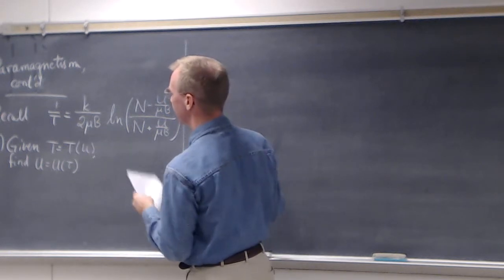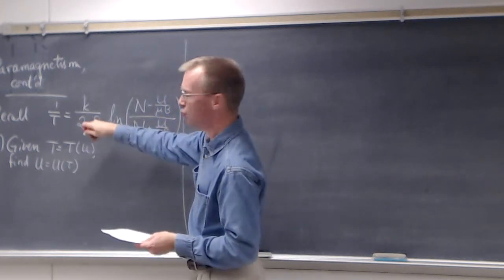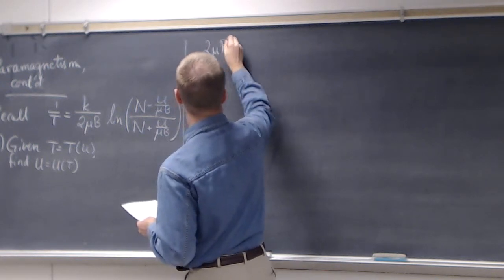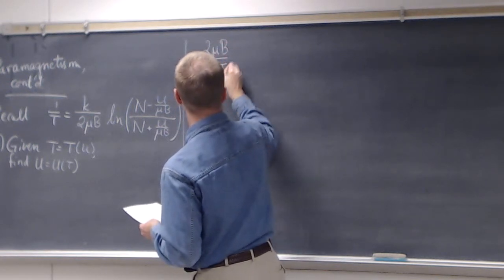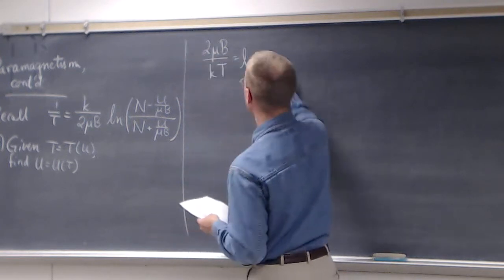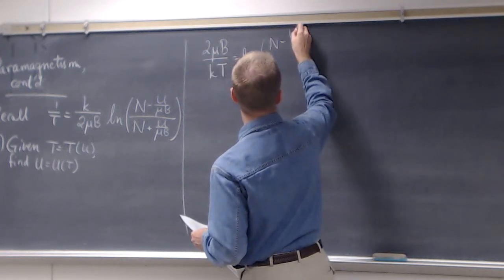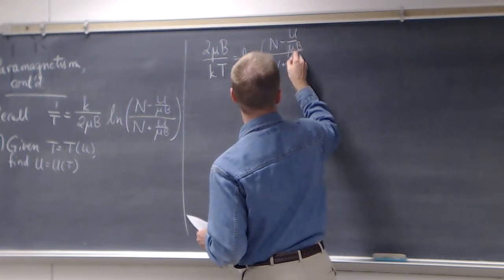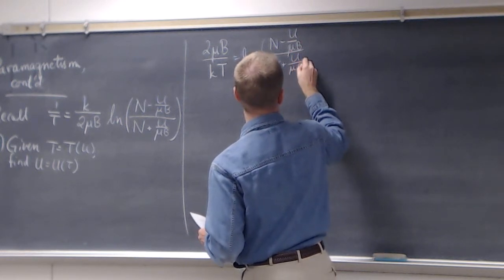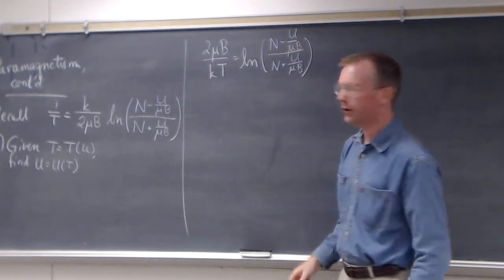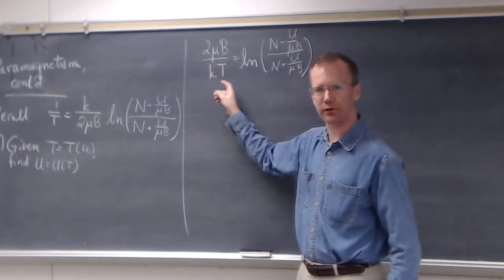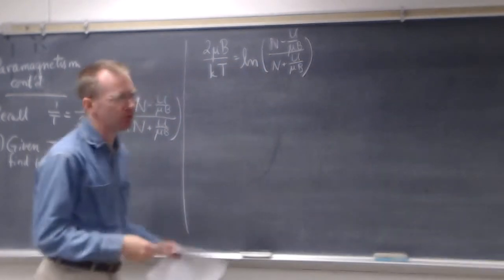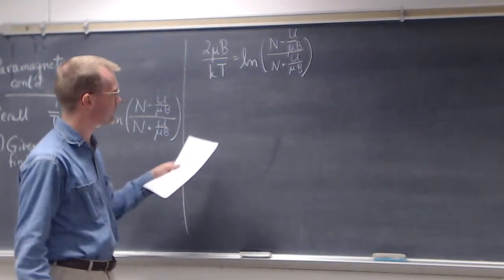So we divide both sides, or multiply both sides by 2 mu b over k. Notice now that we've got a kT term right there, which of course has units of energy. kT shows up all over the place inside thermodynamics.